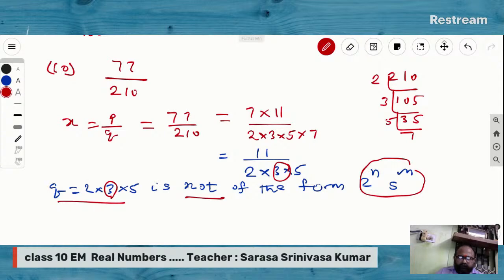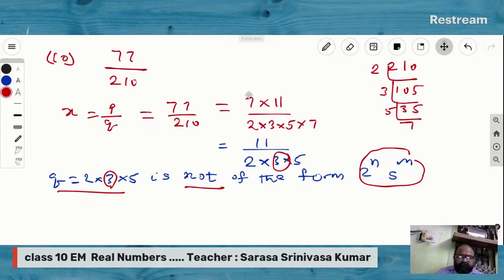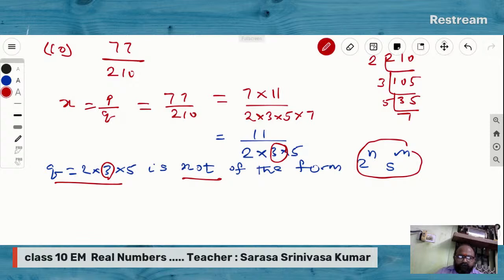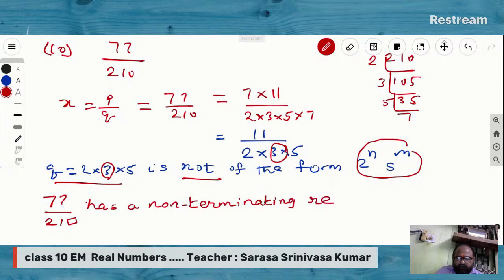Therefore, what we can conclude is that 77 by 210 has a non-terminating recurring decimal form.